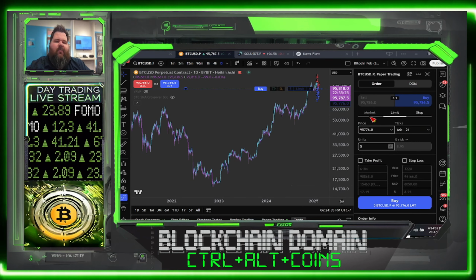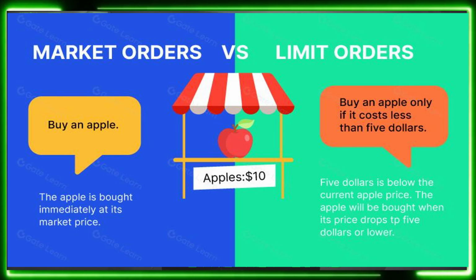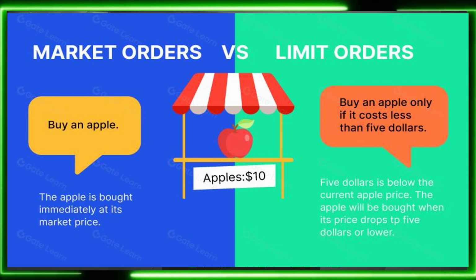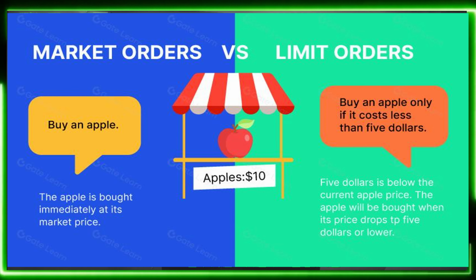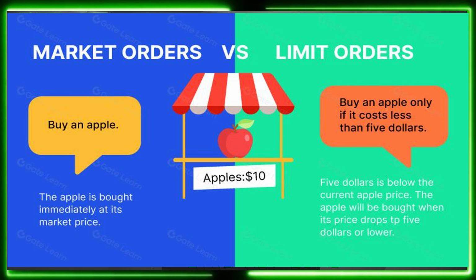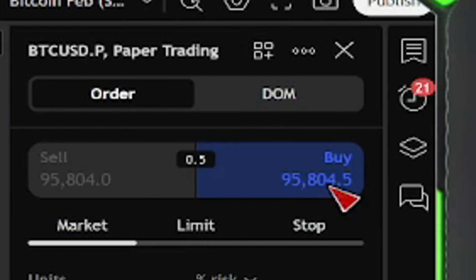You're going to have what's called a market order or a limit order. A market order means at that exact moment, I would like to buy or sell Bitcoin. If I place a market order, see how the price is fluctuating a little bit, and I haven't bought or sold until I click that buy button.